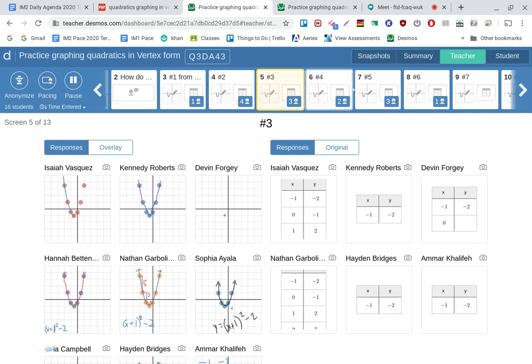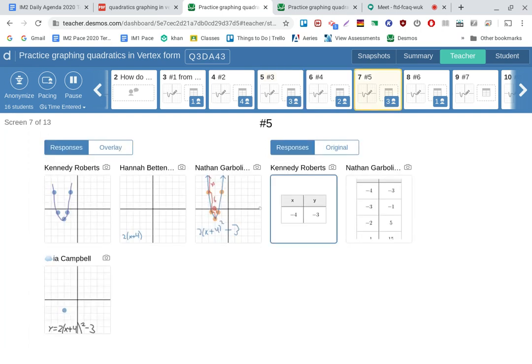For number 5, when it has that 2 in front of the parentheses, do I just multiply that by 1, 3, and 5? Yes. Another way to think about it is you're going to double 1, 3, 5. The steps are going to be double what they used to be. You can just multiply by 2, but think of it as double. So 2, and then 3 times 2 is 6.